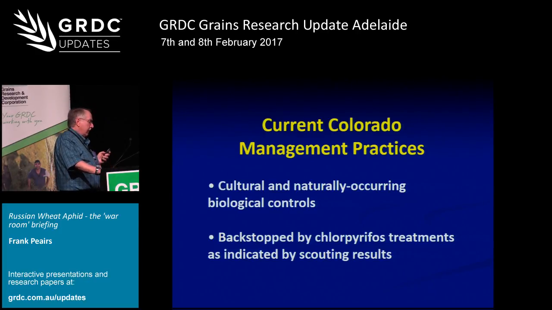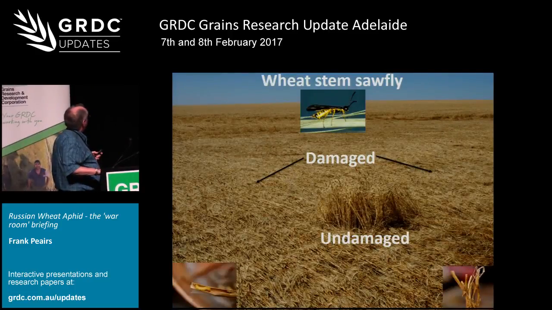And the last comment I wanted to make is that Russian wheat aphid was a severe problem for us, and it has eventually learned to live with us. But I will tell you that it could be worse. We are now dealing with an insect pest that is much more problematic than Russian wheat aphid.